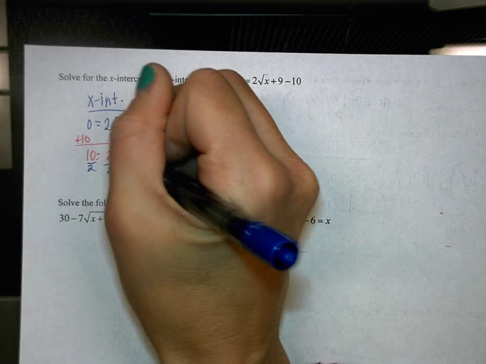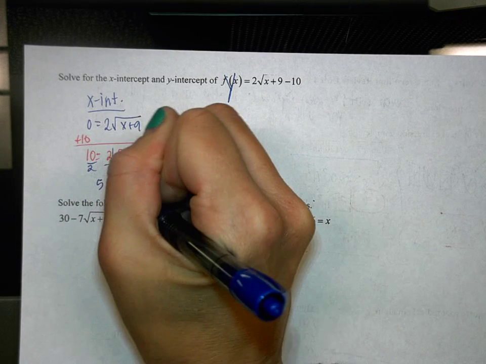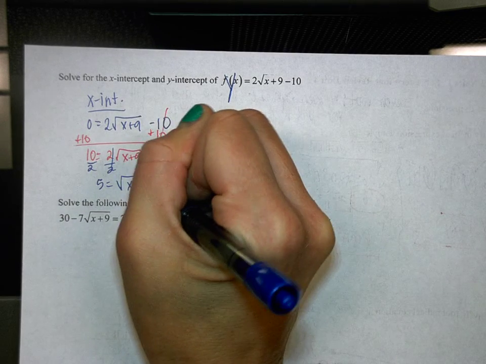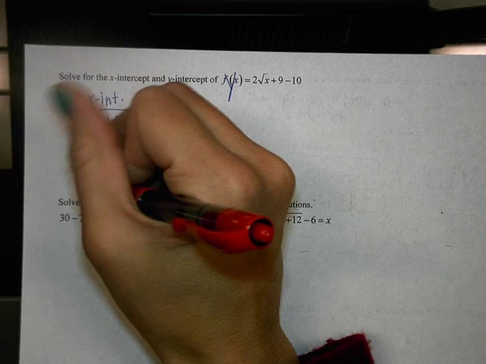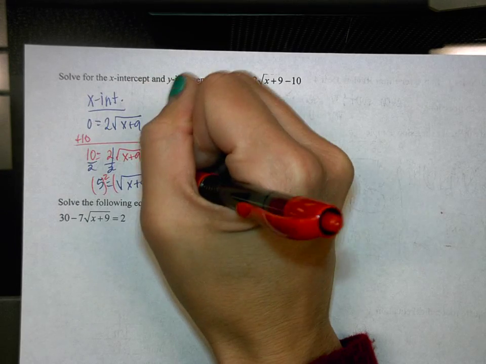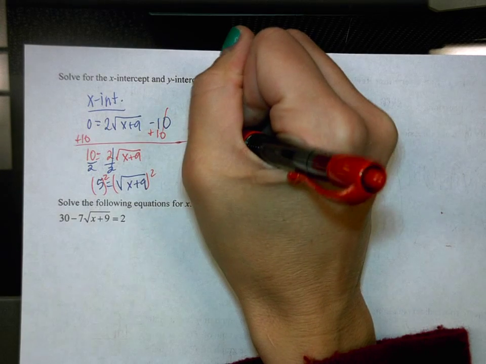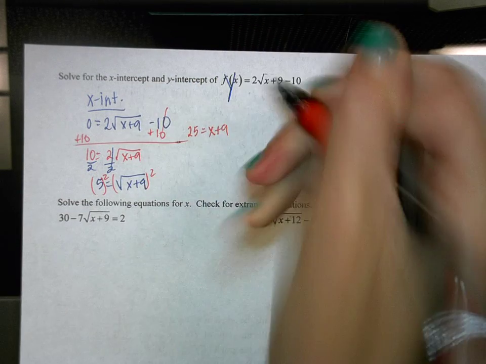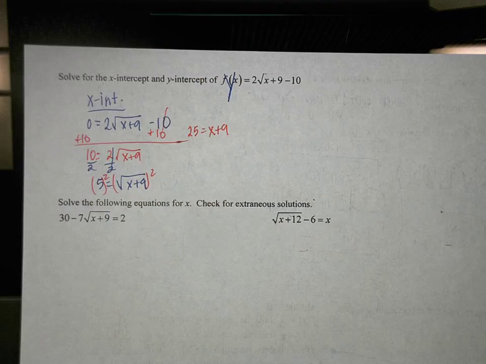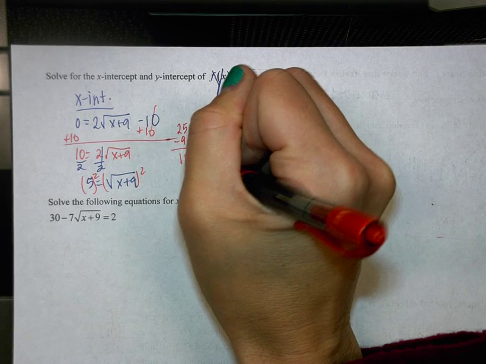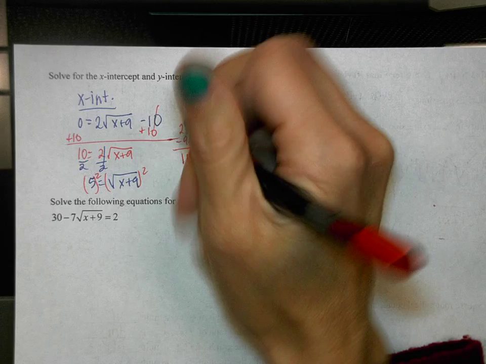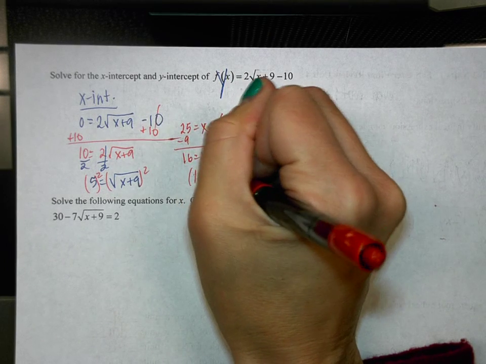We have 5 equals root x plus 9. What will I do? Good. Square both sides. Okay, and so I get 25 equals x plus 9. My last step would be to subtract 9, and so my x-intercept is 16. And so as an ordered pair, I'd write that as 16, comma 0.